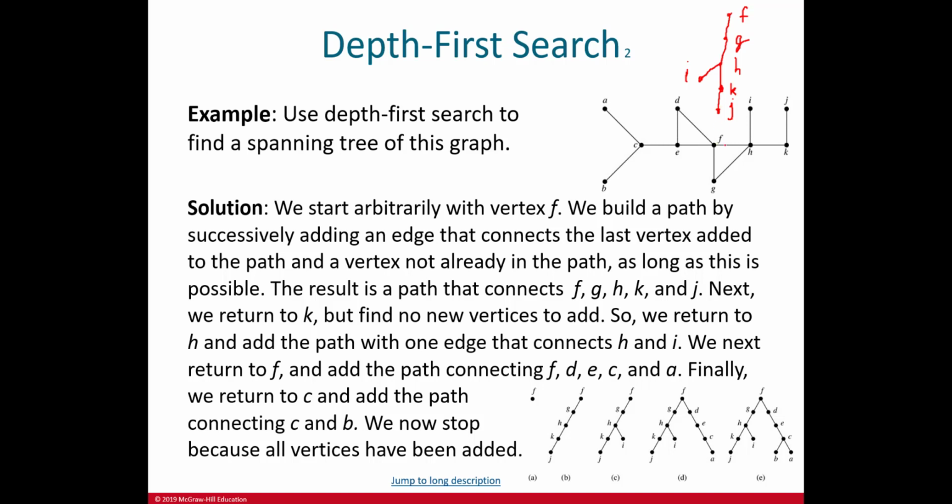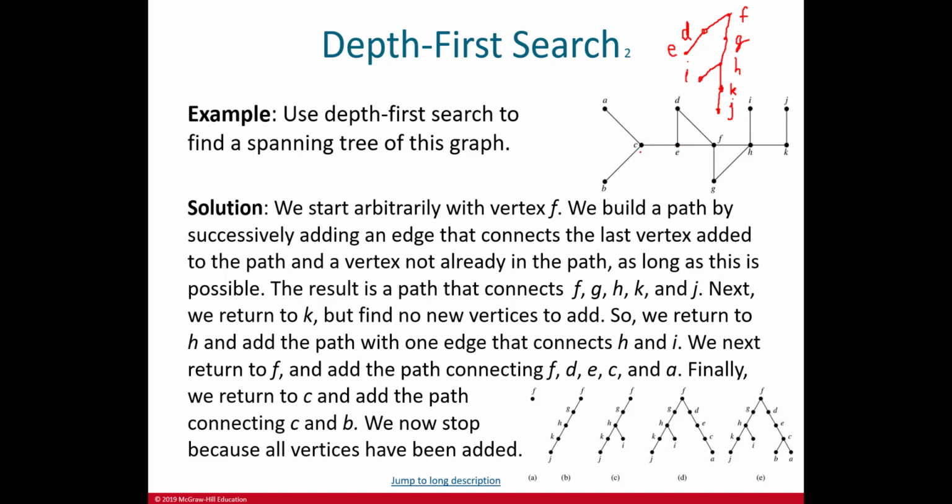So from F I can also go to D. This is the next vertex that I can cover, and I can say D. Then from D, what are the other vertices that I can cover which were not covered previously? I can also cover E. E is not covered in our tree, and we have a line from D to E, so I cover E. Then what is the other vertex I can cover from E?